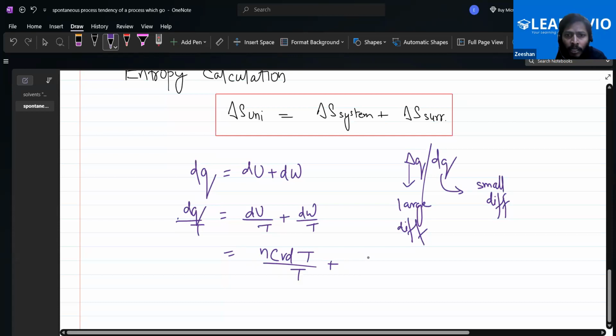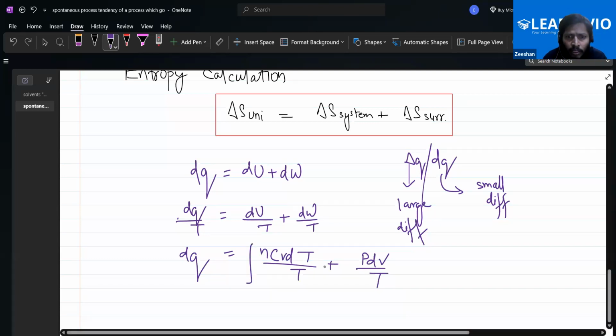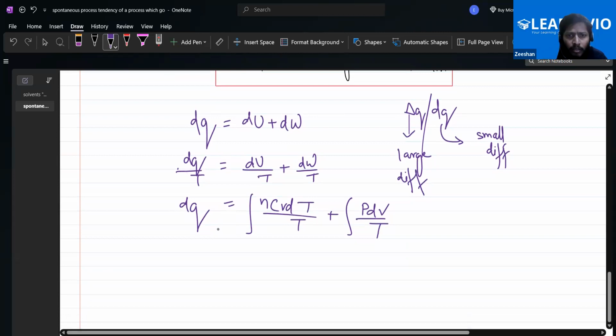And here dw is PdV. This is also a formula. And we will integrate it from T1 to T2.